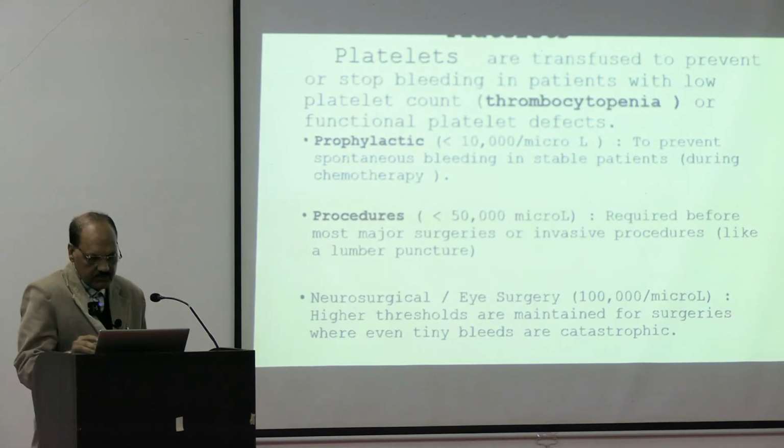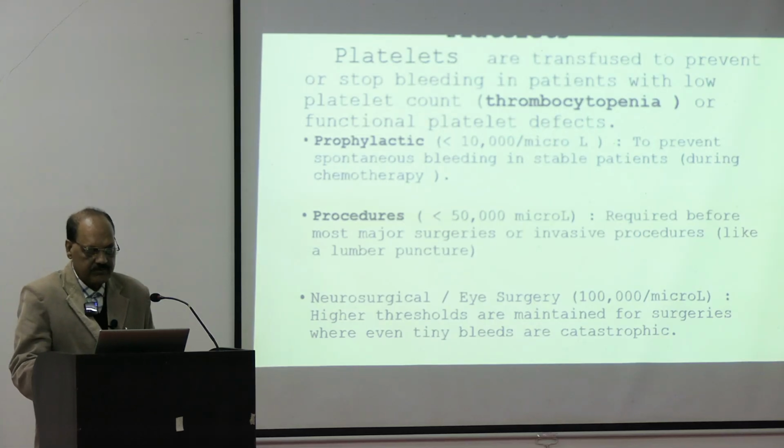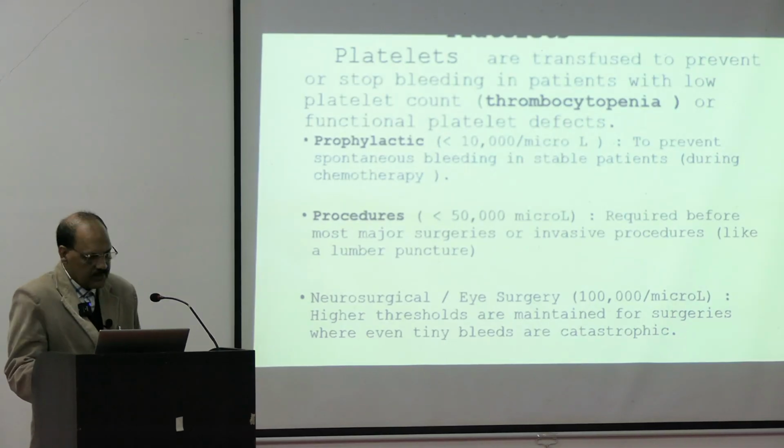Now after PRBC, we will be talking about the platelets. Platelets have to be given when indicated. Platelets are transfused to prevent or stop bleeding in patients with low platelet count, that means when there is thrombocytopenia, when there is a low platelet level, and when there is a functional platelet defect.